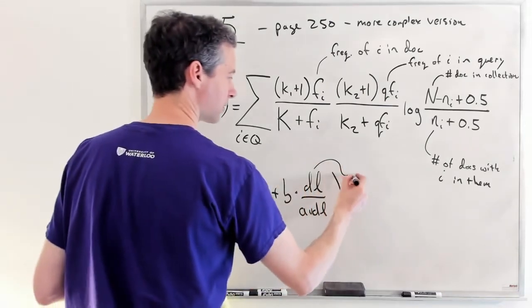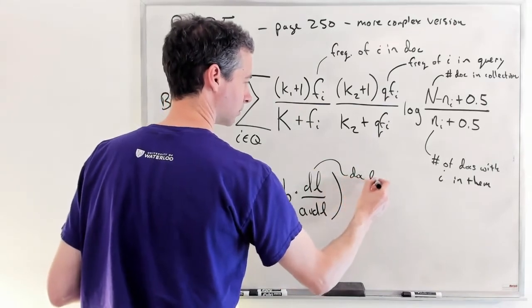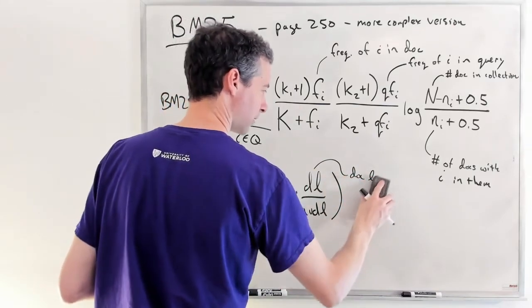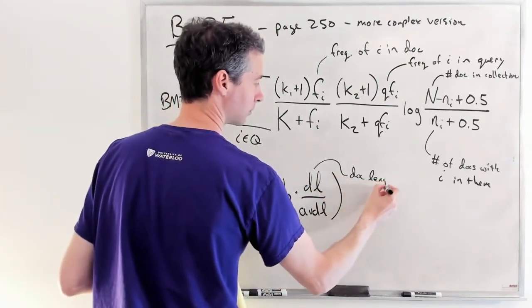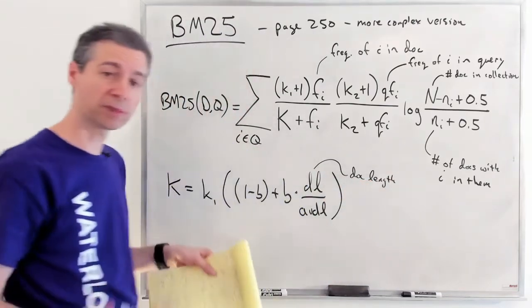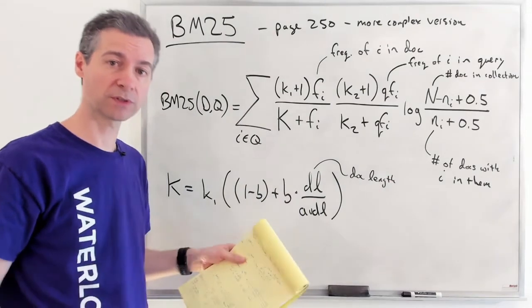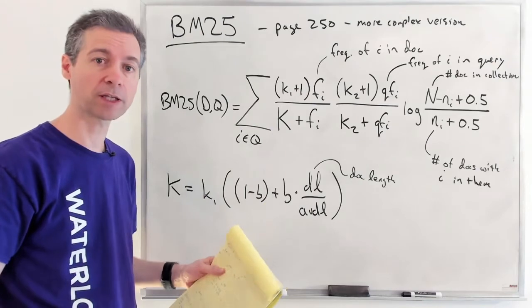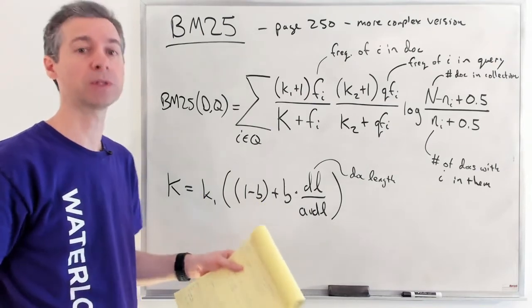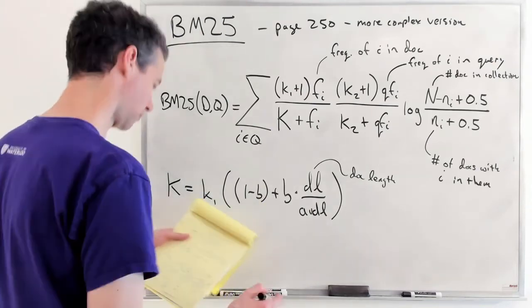This is the document length, the document length of document D. So again, what's document length? Document length is the number of words in the document. How do we know the number of words? Well, we tokenized that document and we found the number of tokens, the number of words in that document.